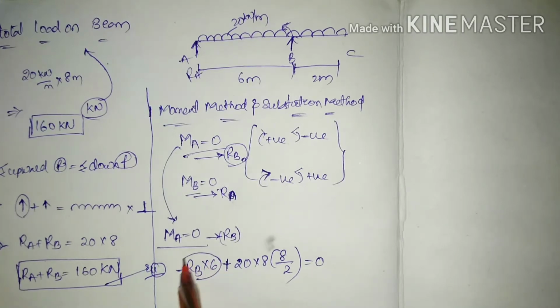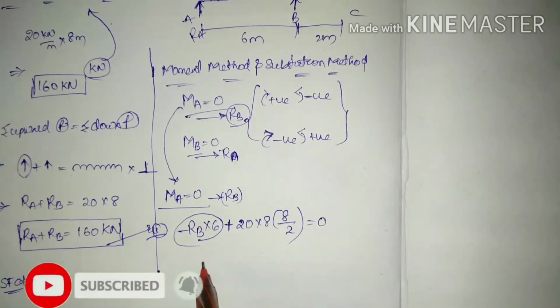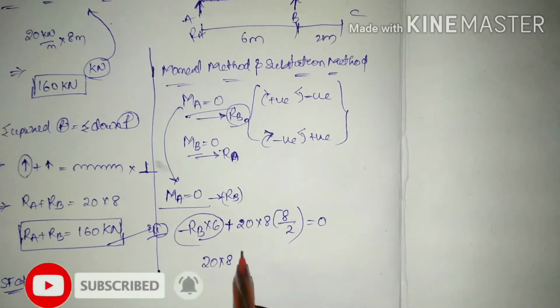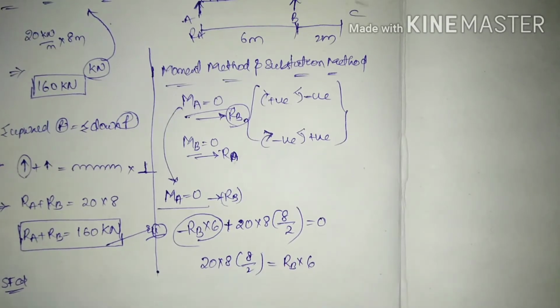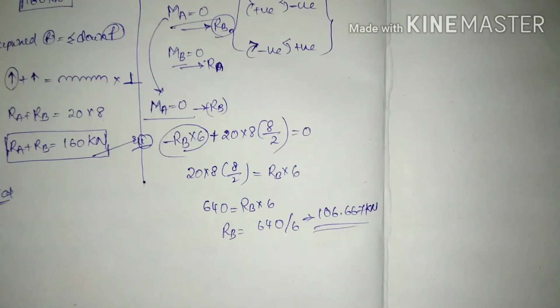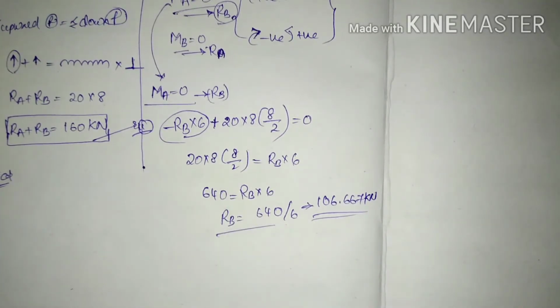Sending the minus RB to the other side of the equals sign, it becomes positive: 20 into 8 into 8 by 2 is equal to RB into 6. After the calculation, we are left with RB equal to 106.667 kilonewtons.